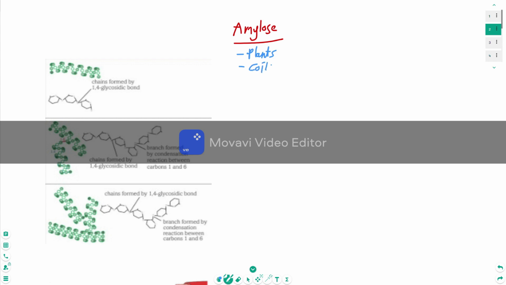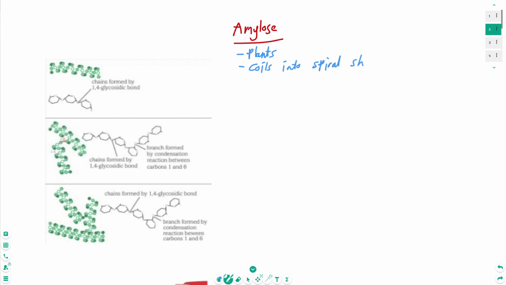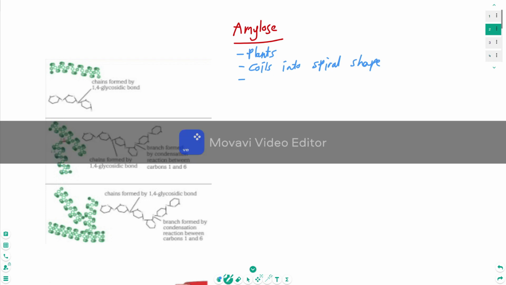It coils into a helical spiral shape. And it has hydrogen bonds which hold it in its spiral shape.